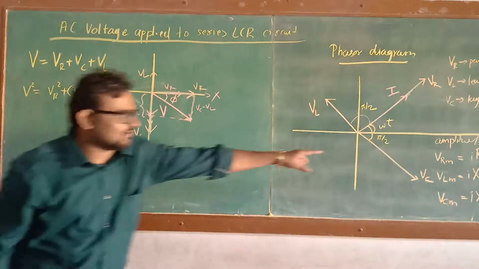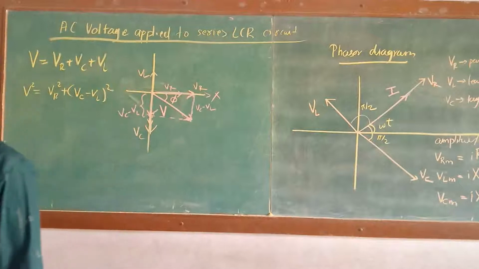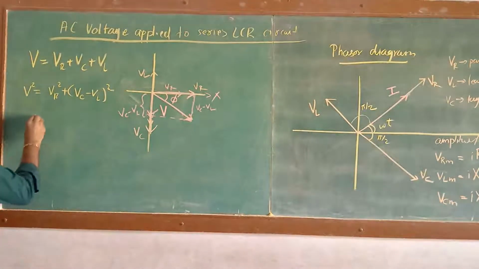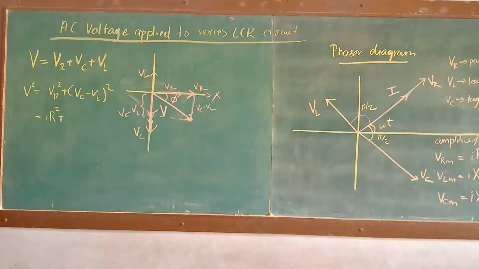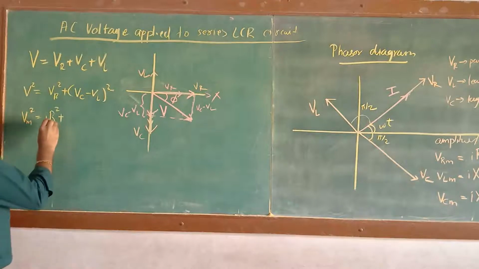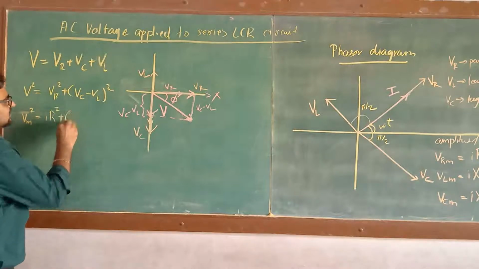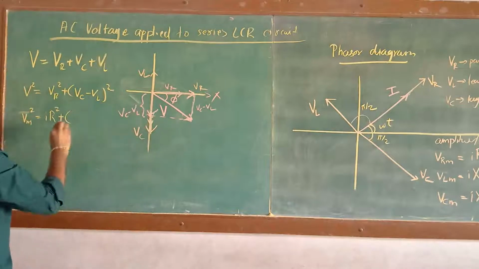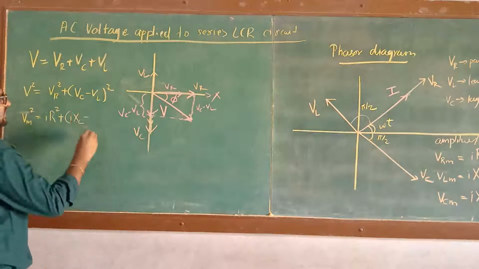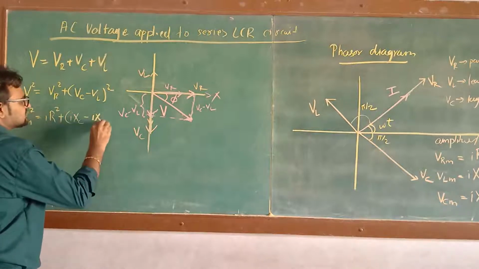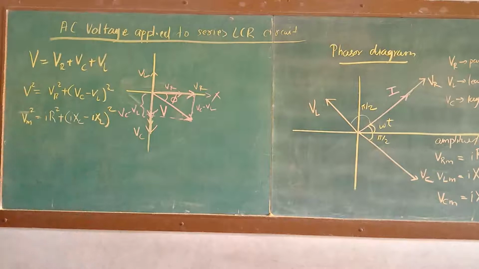Now I already know the formula values. If I take maximum voltage, then VM square will be equal to IR square plus IXC minus IXL whole square.